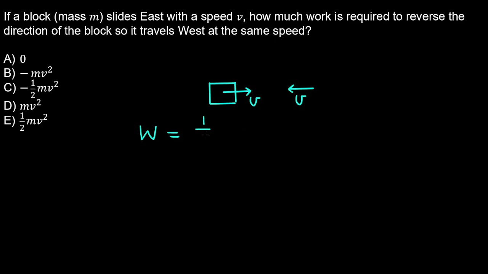So we have the final kinetic energy being 1/2 by the mass of the block by the speed squared, minus the initial kinetic energy of the block, which is 1/2 by the mass by the square of the speed. So therefore the net work done is equal to 0, and the correct answer is A.